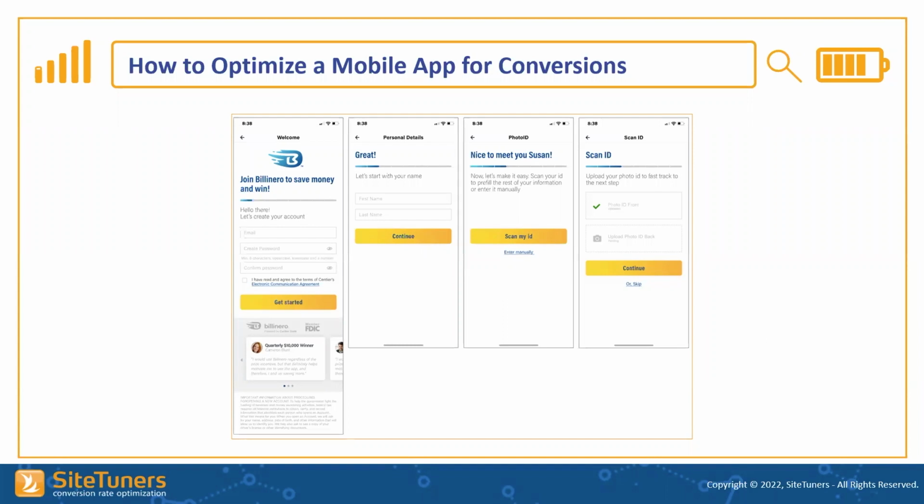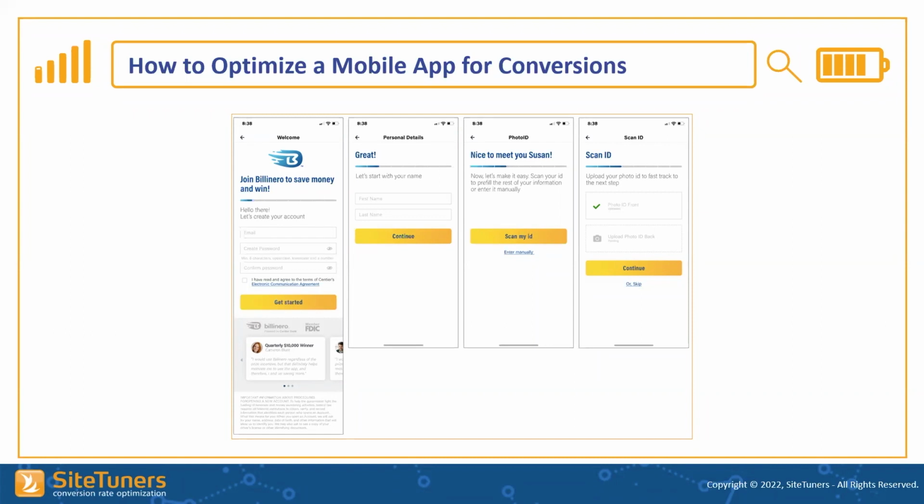So by optimizing an app, which has a lot of the same issues that you've got on a mobile website, by making it chunkable, by giving people positive reinforcement, by personalizing it, by making the process smooth, those are the kind of things that actually increase conversions on a mobile app.